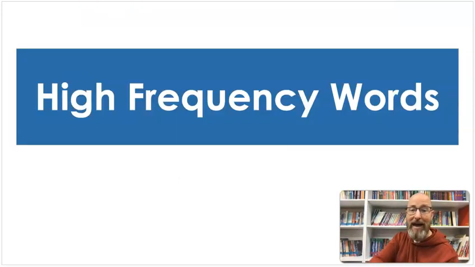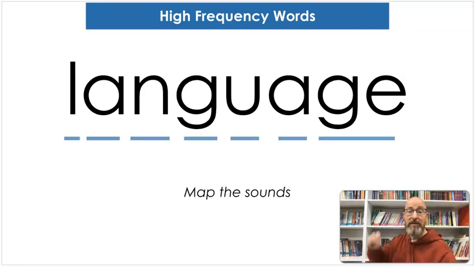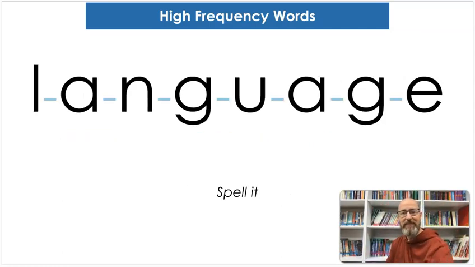Next, we're down to our high frequency words, the two words they add for us to know. The first word is language. Say language. Map the sounds. Language. It's a weird sound in the middle, isn't it? Spell it.